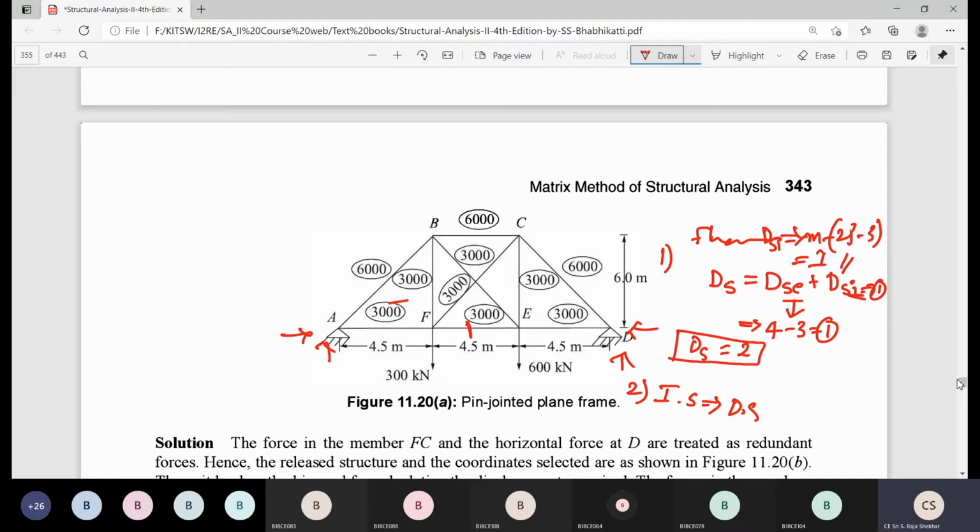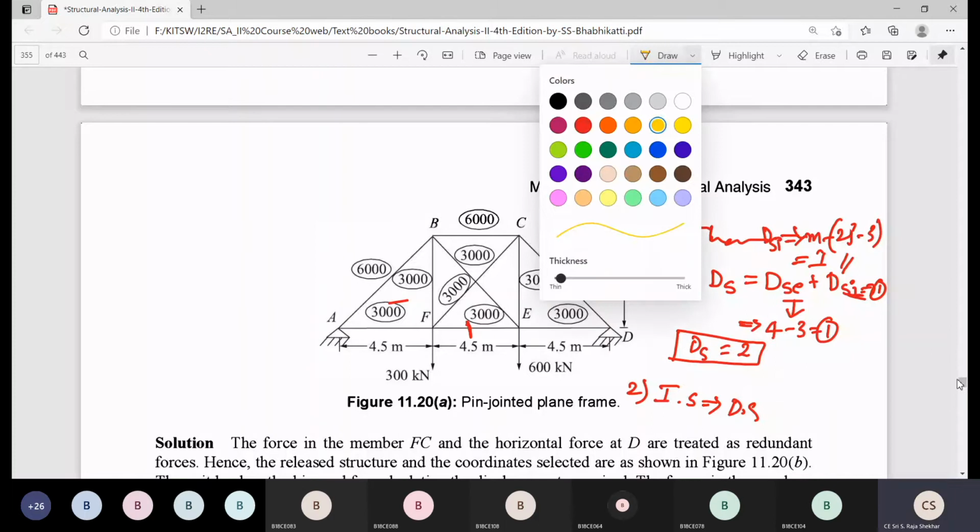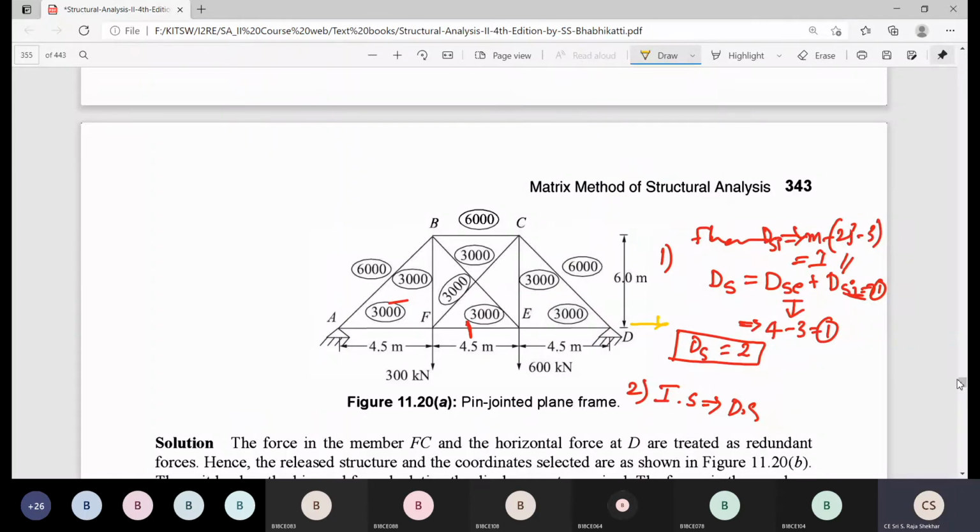That means we need to release one force, one reaction force we need to release. That means I want to release one force here, a horizontal force. So this will be the coordinate direction 1, let us say. And I want to release one member force.